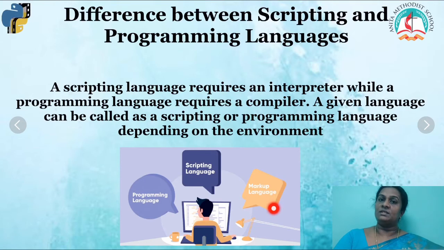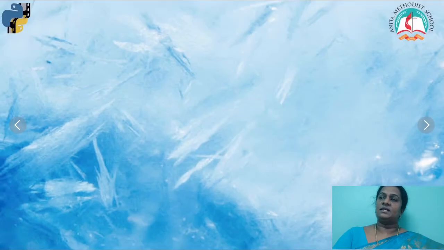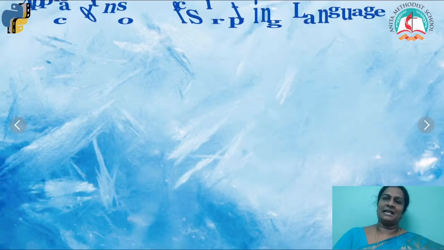Do you remember what a markup language is? You might have learnt it in your lower classes. Yes, markup language can be HTML. So markup language is HTML. This is additional information. It can act as a programming language, scripting language as well as markup language. Okay, that's the slight difference between scripting and programming languages.